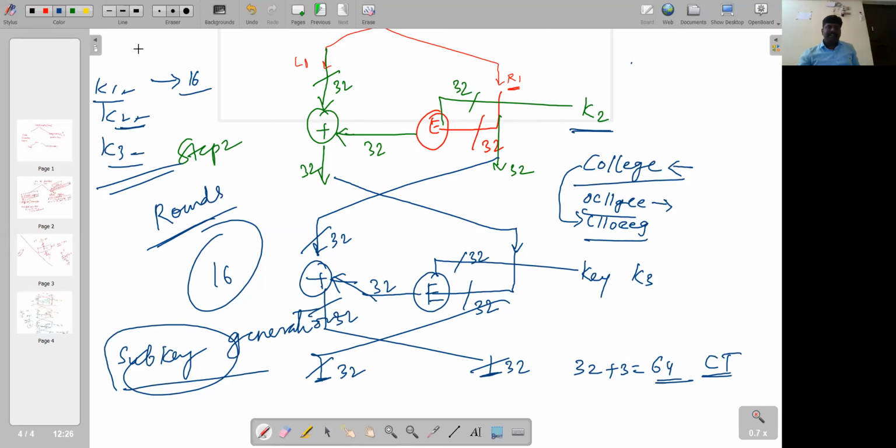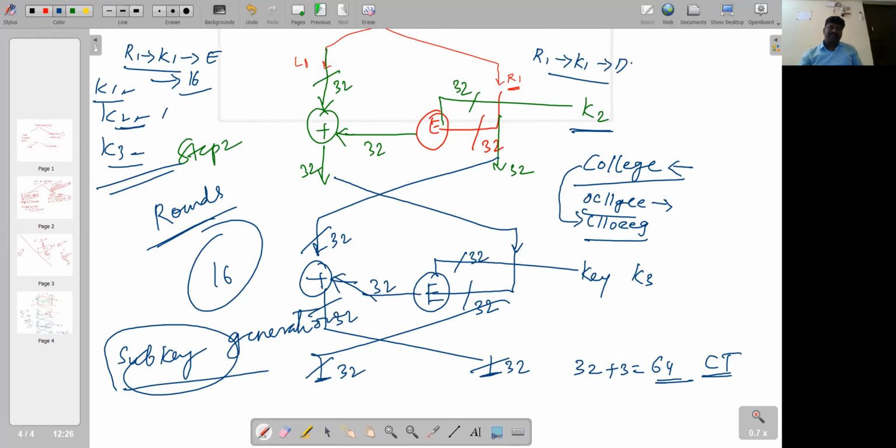When we say symmetric encryption, for round 1, I am using K1 for encryption, and when doing the decryption for round 1, I am supposed to use the same key K1.